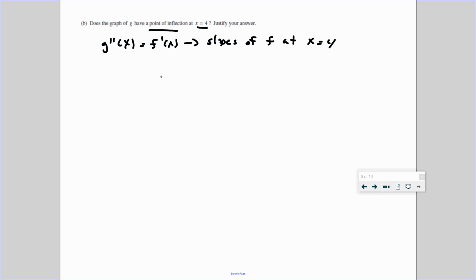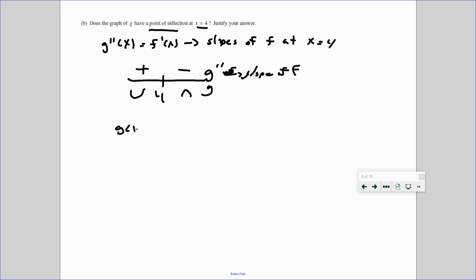So if I do my sign chart at x equals 4, g double prime and g, positive before, negative afterwards. Remember, this is the slope of f. So this is going to be concave up, concave down. Look at that frown. The signs change, so we do have a point of inflection.